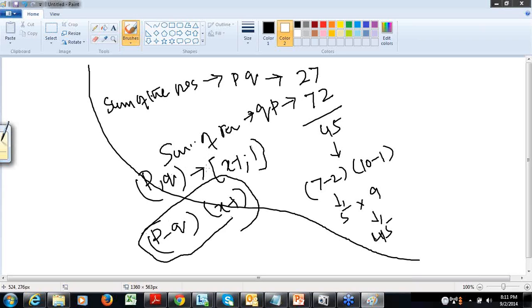People are asking why. See, any digit in any base will never be equal to its base. The maximum value it can get is X minus 1, that is base minus 1. In base 10, the maximum single digit you can get is 9, that is base minus 1.